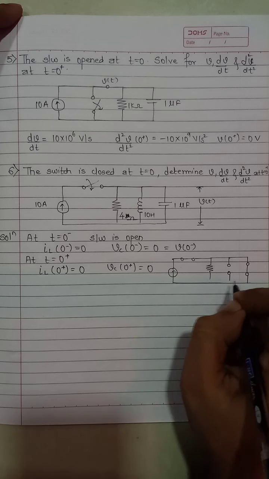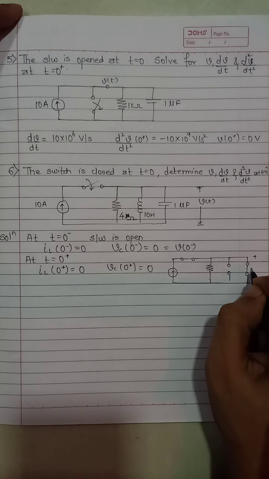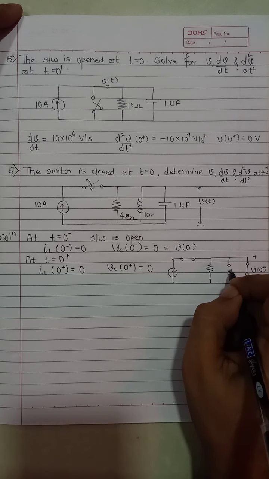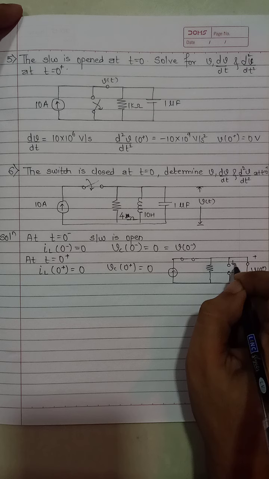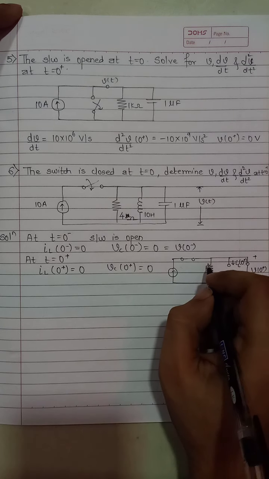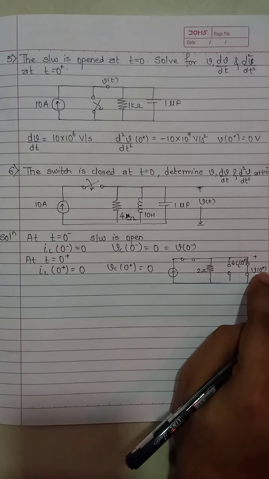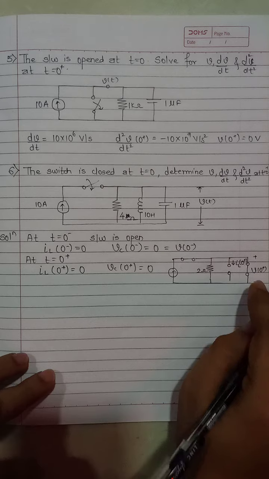So this is the diagram for the circuit. Plus minus V of 0 plus, and this is current flowing through the inductor at 0 plus instant. This you have 4 ohms, and VC of 0 plus and V of 0 plus are same.